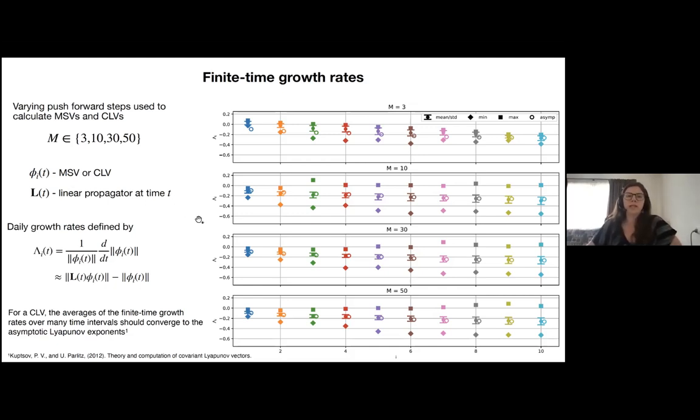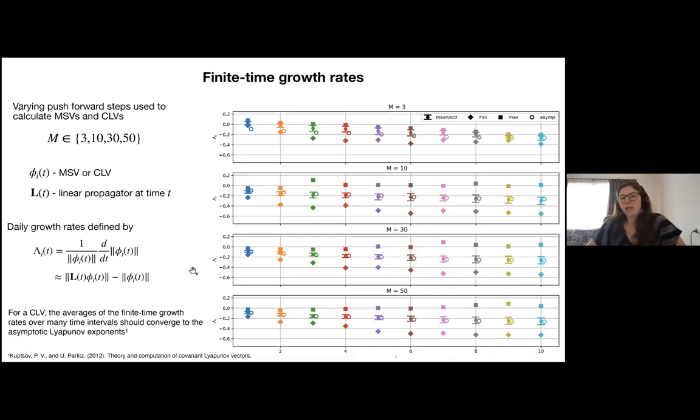And we just calculated daily growth rates by taking the CLV or MSV that came out of the algorithm, applying the cocycle, or the tangent linear model, to that vector, and then looking at the difference in the norm. That defines our daily growth rate here. And what we know is that for a CLV, the averages of these very small growth rates over many small time intervals should converge to the asymptotic Lyapunov exponents.